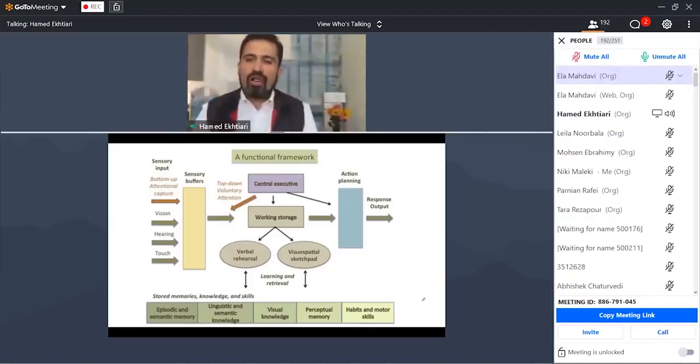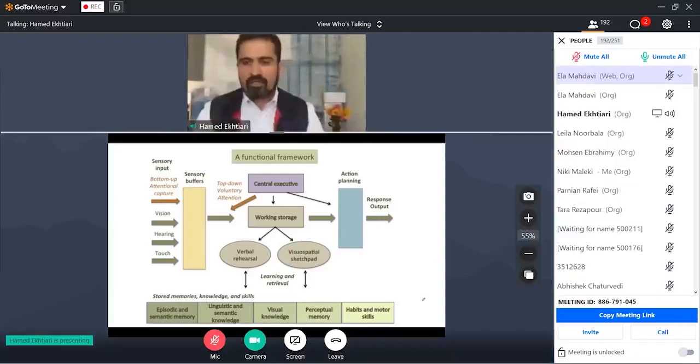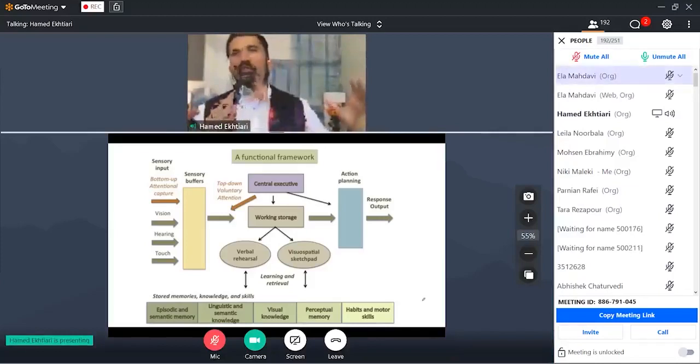So in the cognitive neuroscience course, we really like to know about different cognitive functions that are involved in the process of cognition, but also how these functions are mapped into different brain areas, okay?